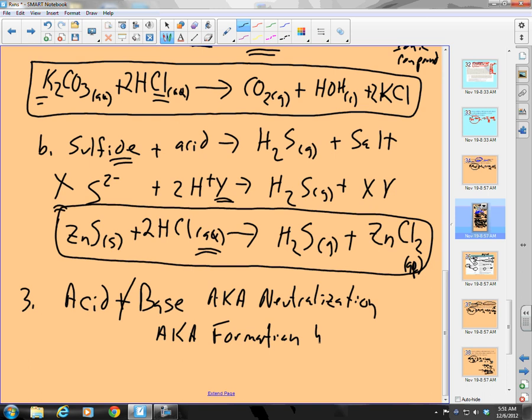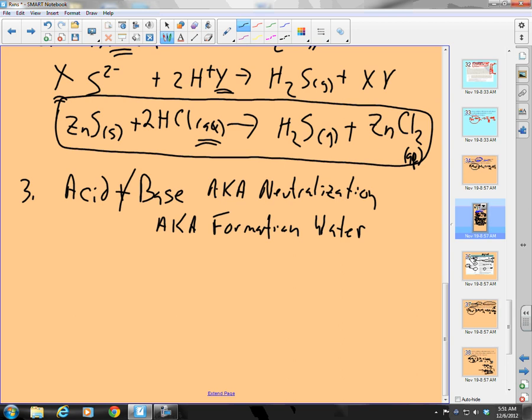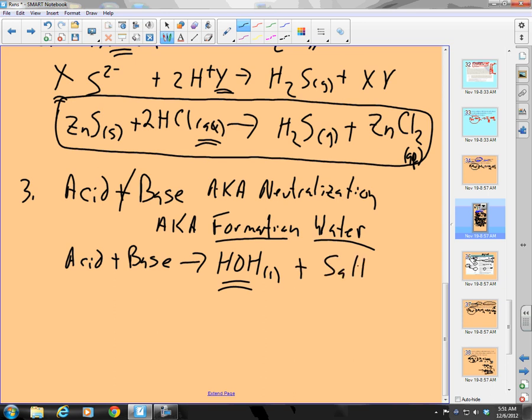Well, every time we have an acid-base reaction, we form water, at least when we're having Arrhenius acid-base reactions. So this is formation of water. And you have an acid plus a base, and that yields water plus my salt. So we can have hydrochloric acid plus sodium hydroxide.